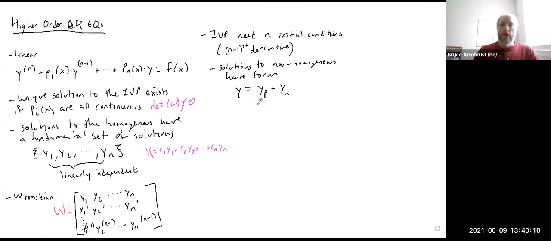So this is your particular, and this is your homogeneous. If we get a non-homogeneous, we do it the same way we did before: solve the homogeneous, then find a particular. And you may remember we had a bunch of different options on how to do that. All those options are also going to be valid in this case as well.